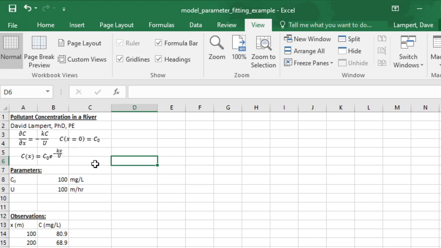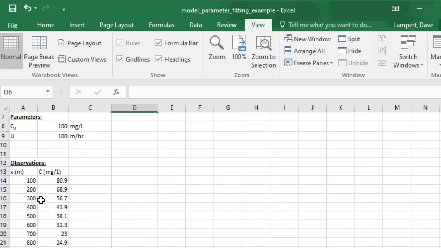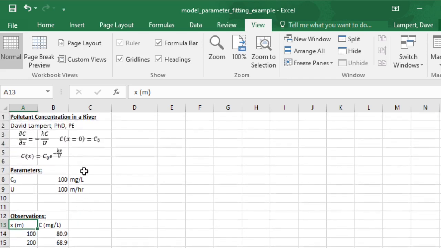That's the thing that we're predicting as we go from one point to another here. And so here are some observations in a particular stream, where we went out to some location in our domain, and then we measured the dependent variable at those different points. And so that's our concentration of this pollutant.